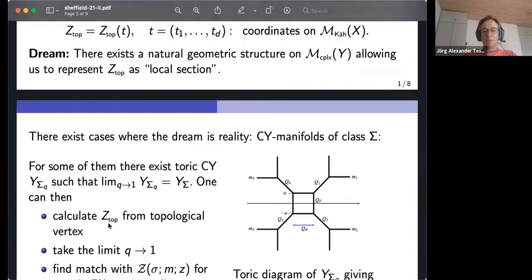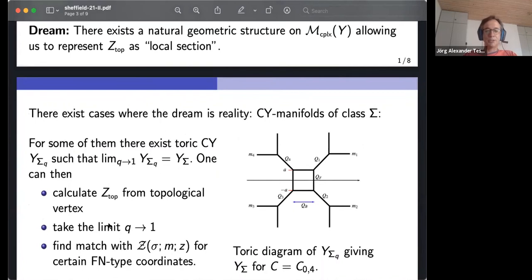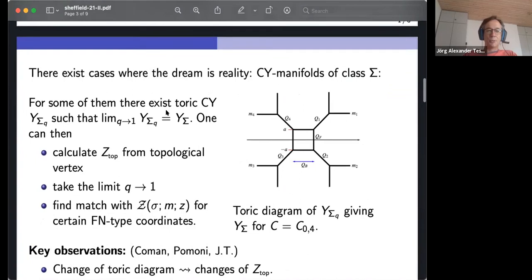Part of what our results in this work are is that there are examples where this dream is reality, namely for the Calabi-Yau manifolds of the class sigma. For some of them, there exist toric Calabi-Yaus, where the Kähler parameters in particular involve a parameter we call Q. When you tune it to 1, there's a deformation: the toric Calabi-Yau is a deformation of these Calabi-Yaus of class sigma that we have been discussing and that Andy has been talking about.